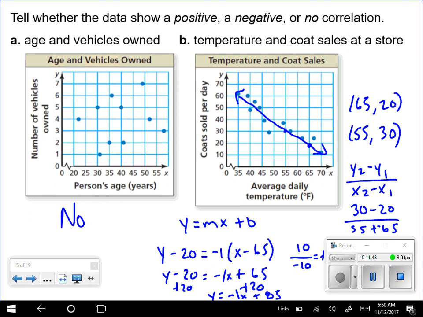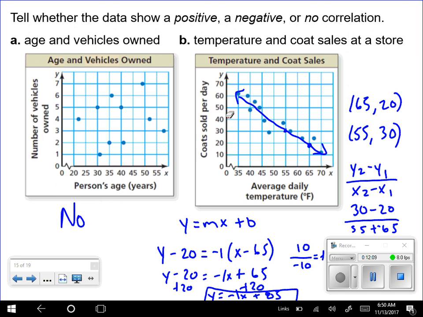So it's telling me I would probably hit the y-axis at about 85 if I kept going, which looks almost correct. But with this, we can kind of judge our slope and our y-intercept. So for here, that means when it's 0 degrees, we're probably going to sell the most coats that we would.